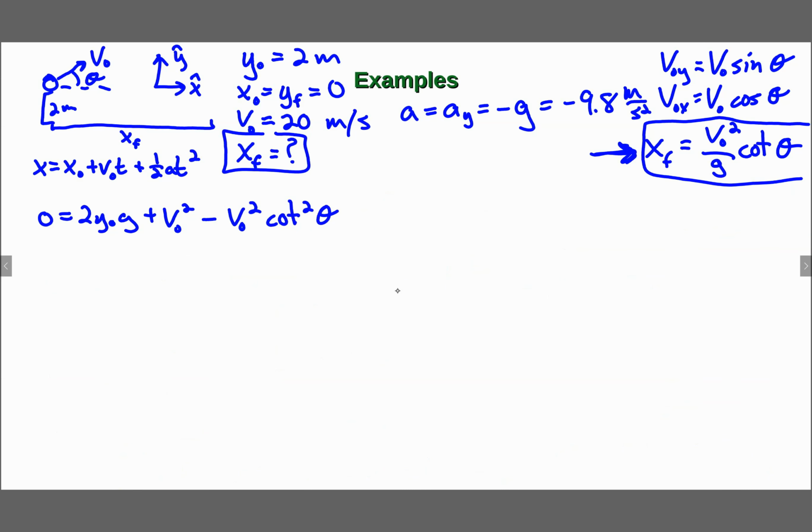So we have this new equation right up here. And let's rearrange this one now. We've got the 0 on one side, so let's bring this term over to the left and write it like this. And then when we do that, we can just solve it. We can take the square root of both sides and have this.